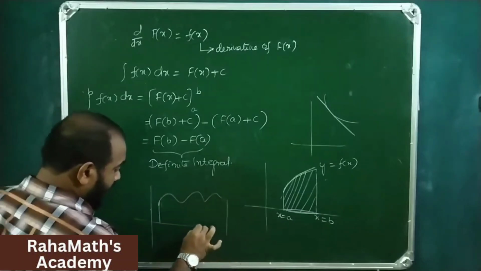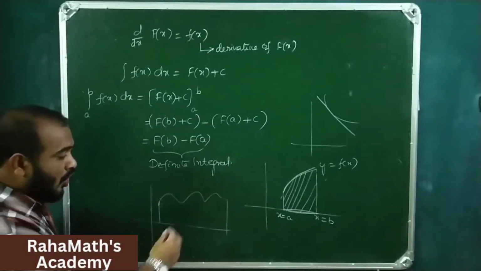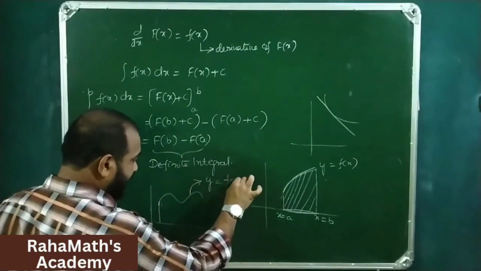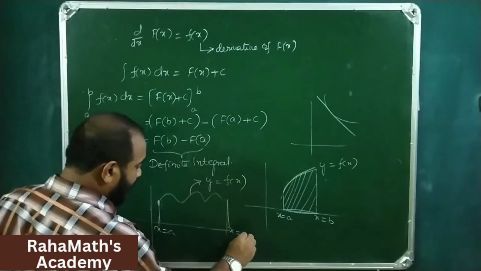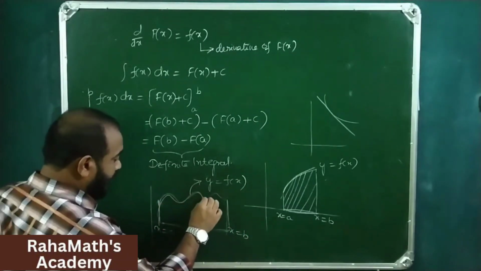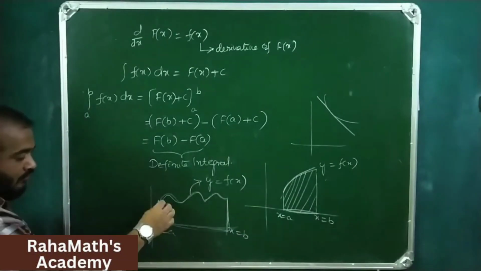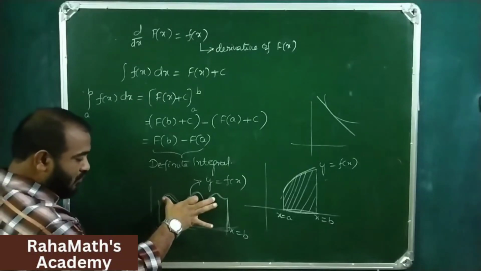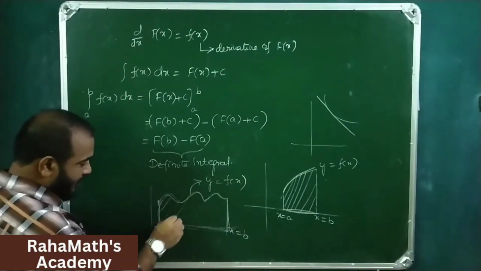So we need to evaluate the area of the region bounded by this typical curve y equals f of x, x equals a, x equals b and the x axis. Therefore it is totally bounded, and we need to find this area.